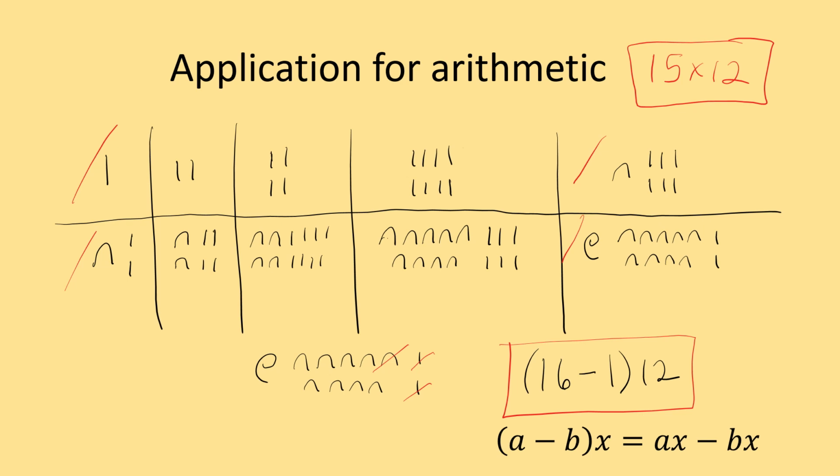The same distributive property also works here. So in this case, if I have 16 minus 1 times 12, it's the same as 16 times 12 minus 1 times 12, and we get the same result of 180.